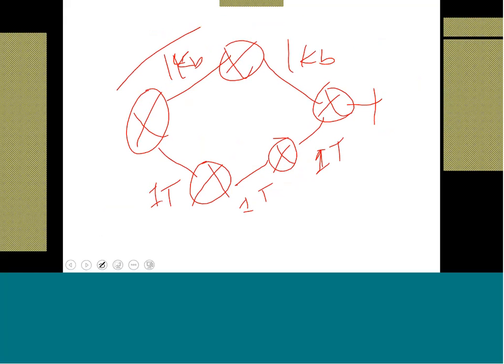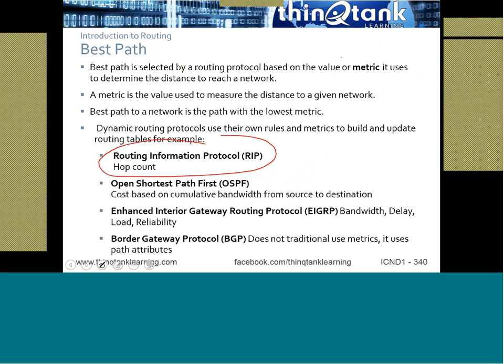That's right. RIP still uses that path because the metric is hop count. It has no concern for bandwidth at all. So that's not a very good metric.